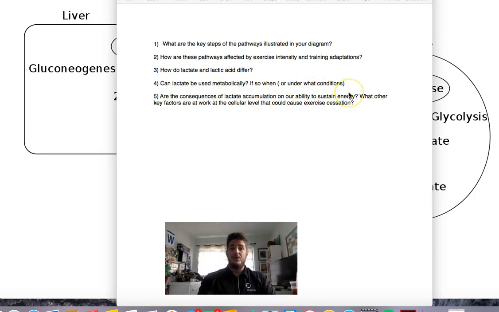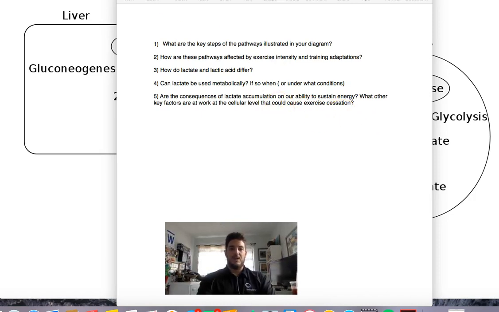If so, under what conditions? We'll go into how the energy is produced metabolically. What are the consequences of lactate accumulation on our ability to sustain energy? What other key factors are at work at the cellular level that could cause exercise cessation?